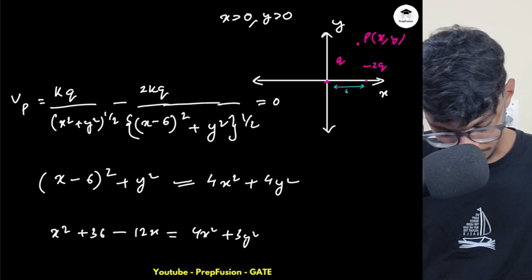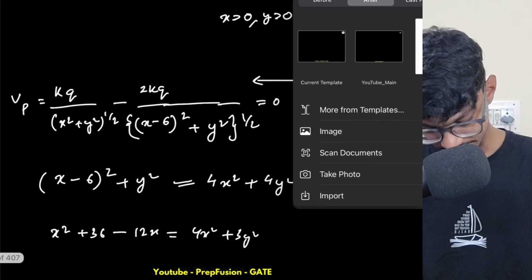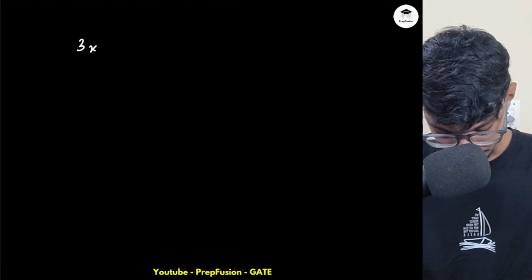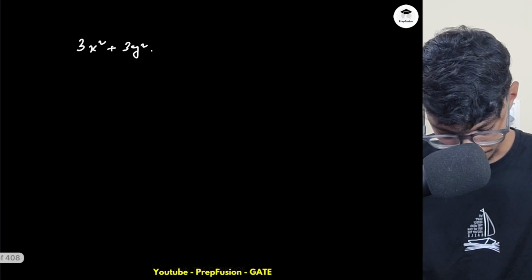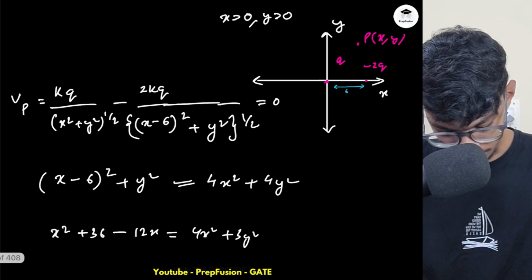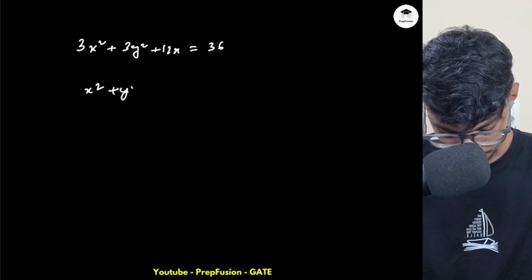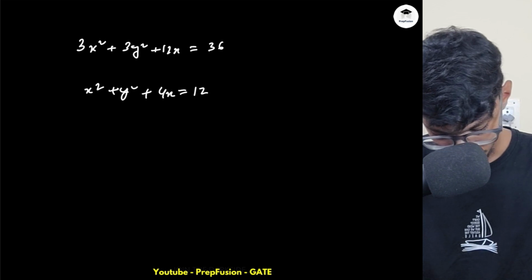So this becomes 3y square as well. If I just write this down here, 36 will remain, 3x square plus 3y square plus 12x equals 36. I will divide everything by 3. So this will be x square plus y square plus 4x equals 12.